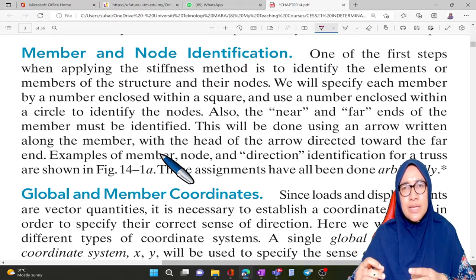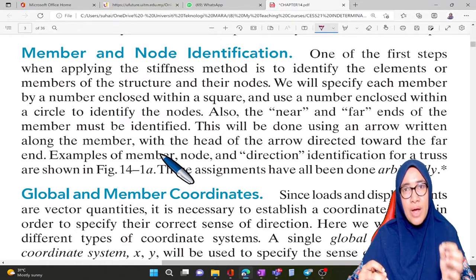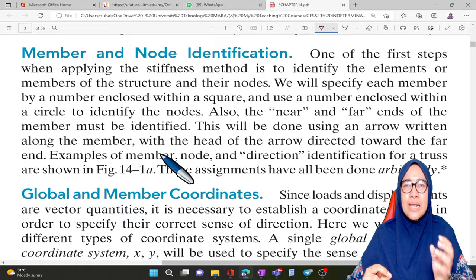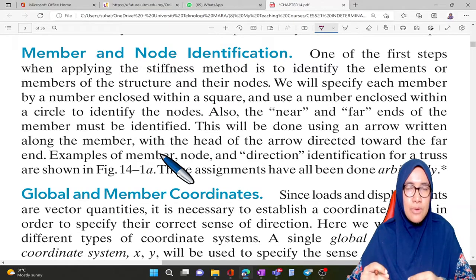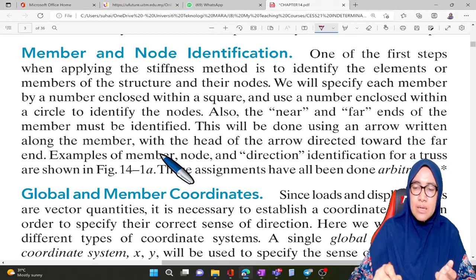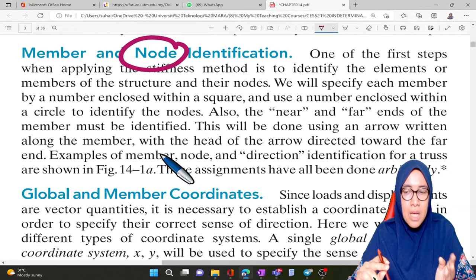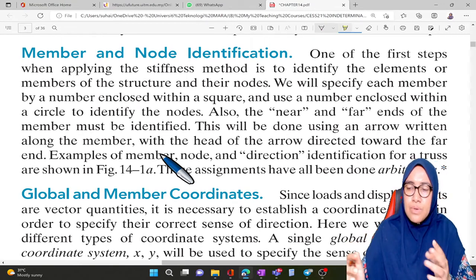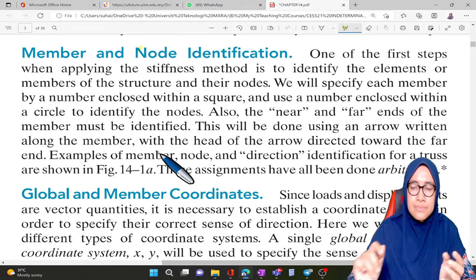So in the stiffness method, you have to get familiar with numbering joint A, joint B, joint C. Conventionally, we transform them to node 1, node 2, node 3. That is called a node.